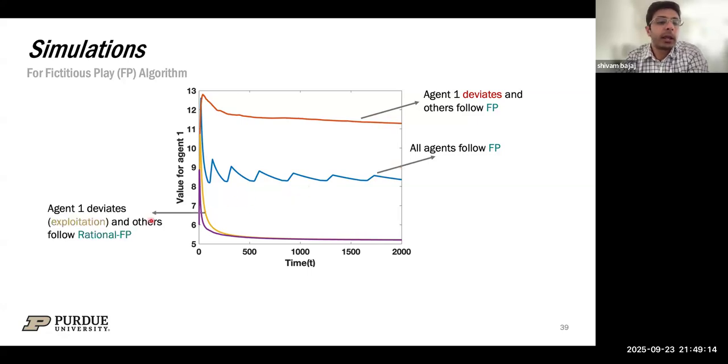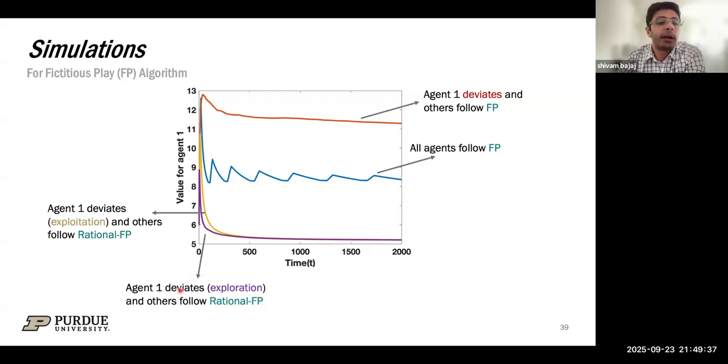And now if we consider our framework, which gives us the rational fictitious play algorithm, and if the same adversarial agent deviates during exploitation, now we see that the reward, this yellow curve, is less than the blue curve, which means that the adversary does not have an incentive to deviate from this algorithm.